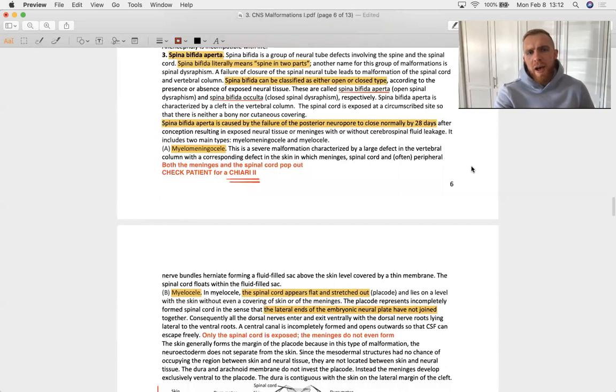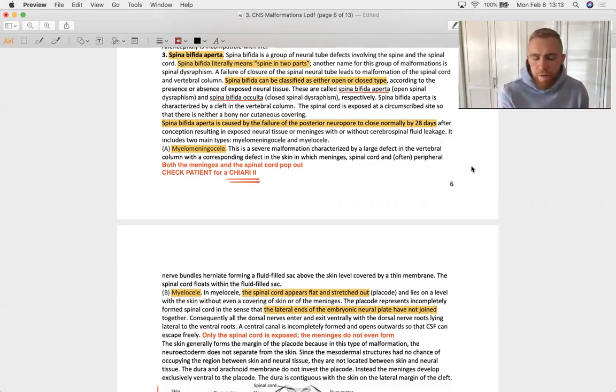Then we talk about spina bifida aperta. Spina bifida, bifid, means two. It's bifurcated, same word, same concept. So if your spine has two tails to it, if it's bifurcated, that means it's empty in the middle. It doesn't close properly.